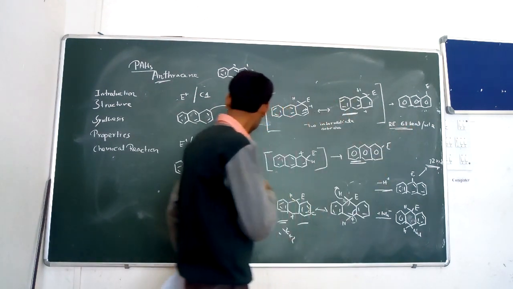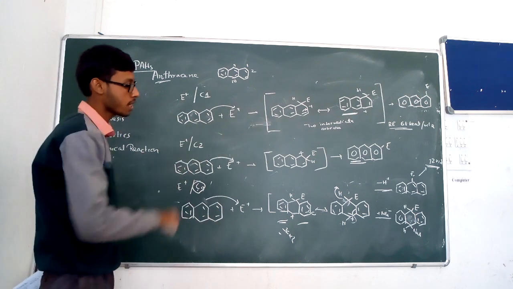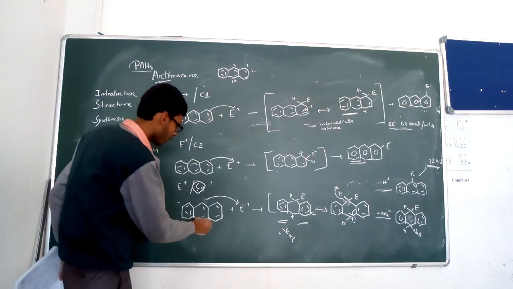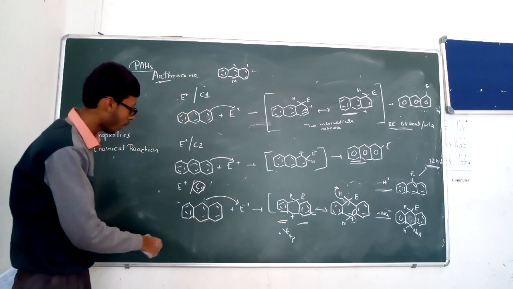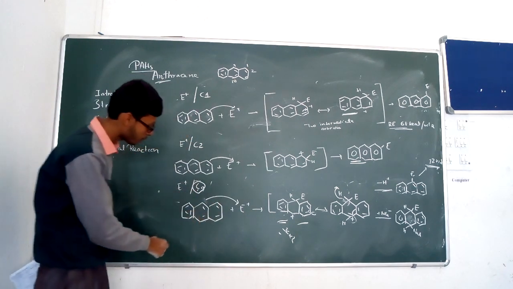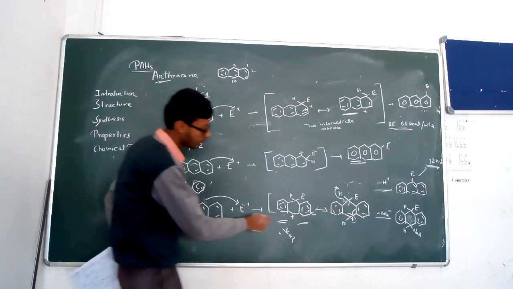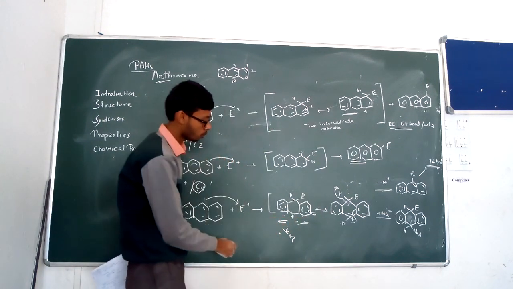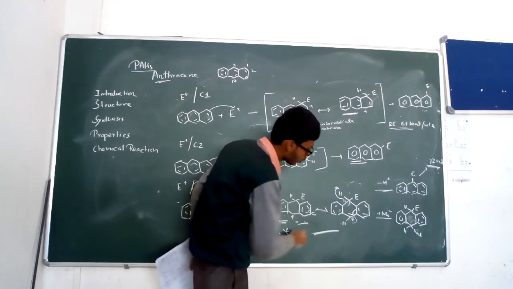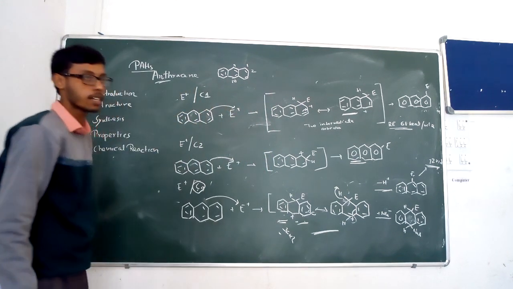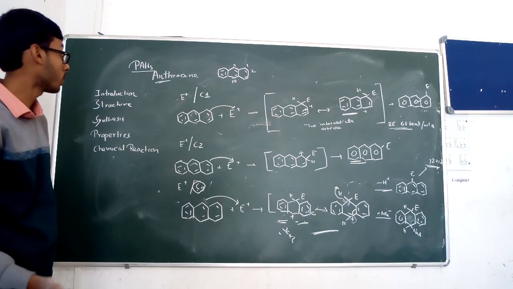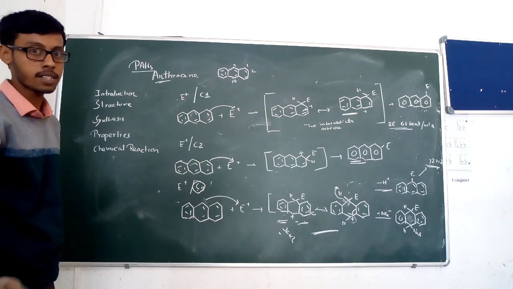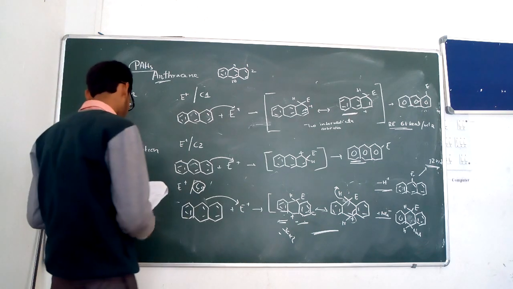When C9 is attacked, the resonance energy is higher because two separate benzene molecules are retained, and this carbocation is more stable, so the attack normally occurs at the C9 position.